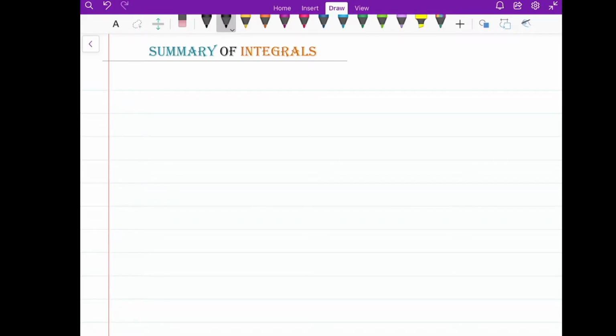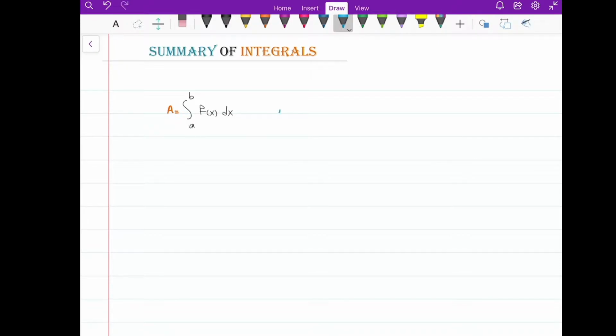This lecture is part of an online course of multivariable calculus, and I'm going to talk about a summary of all the integrals that we've learned so far. I'm going to start with a single integral of a function of just one variable, f dx over a and b.